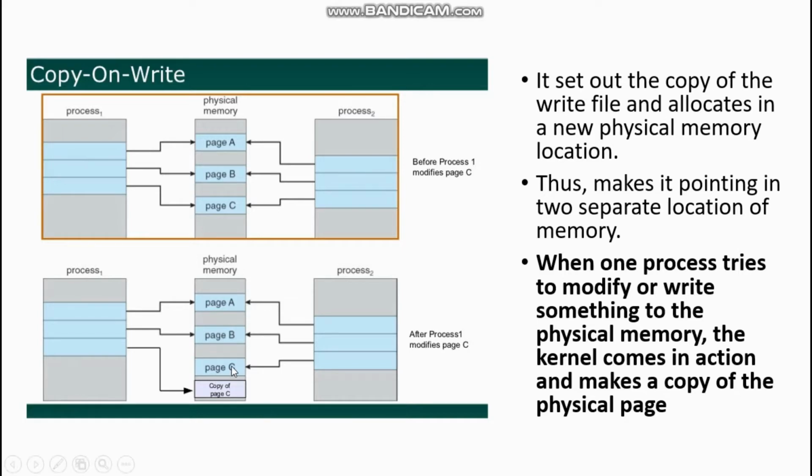So there will be two page Cs in physical memory. Thus, the new update will be on the copy of the memory instead of the original one. So the update will be on the copy of page C. Basically, that's how the copy-on-write mechanism works.